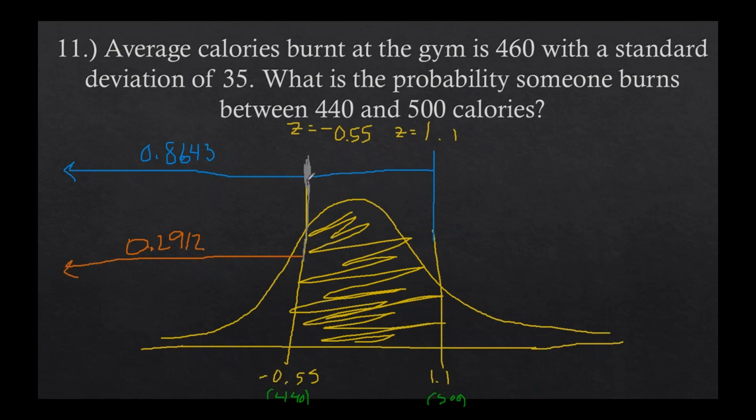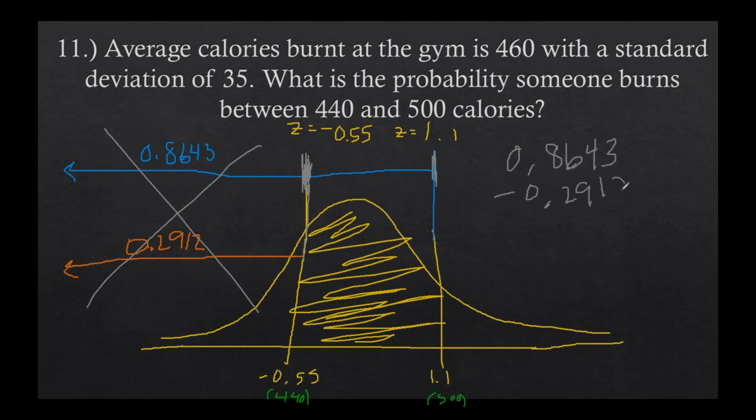If you subtract them, the pieces of the lines that are the same will disappear, right? When you subtract, those two pieces go away, and you're just left with the blue piece that is between the two yellow lines. So if I take my 0.8643 and subtract my 0.2912, I'm left with the shaded piece in the middle.